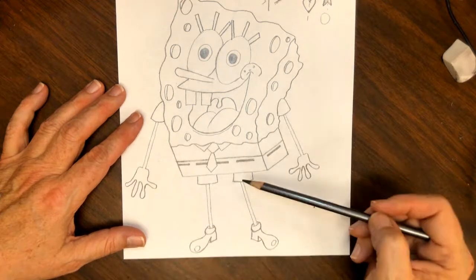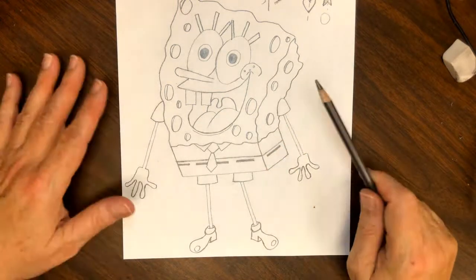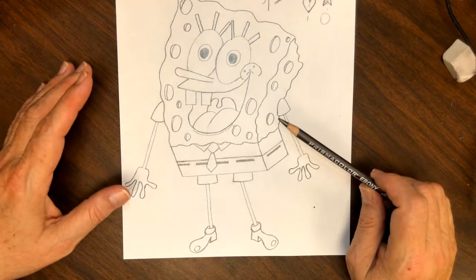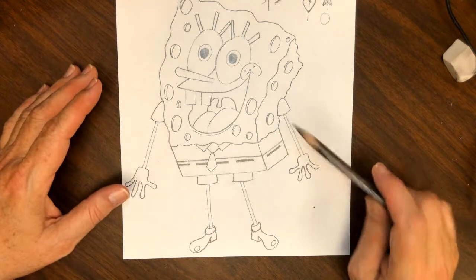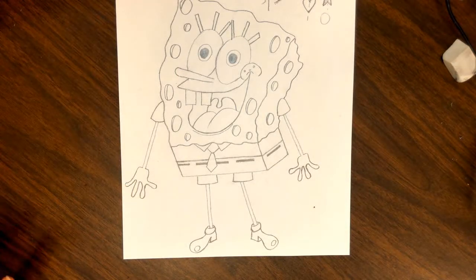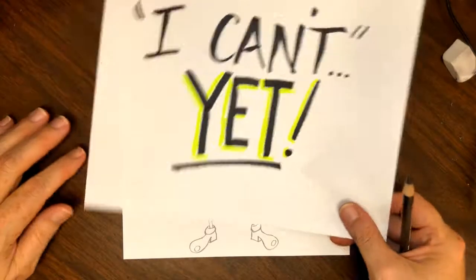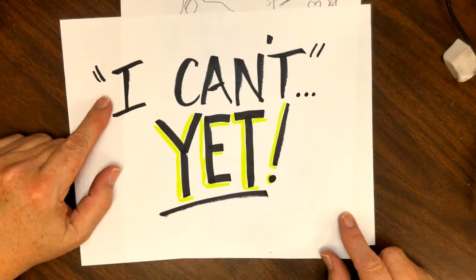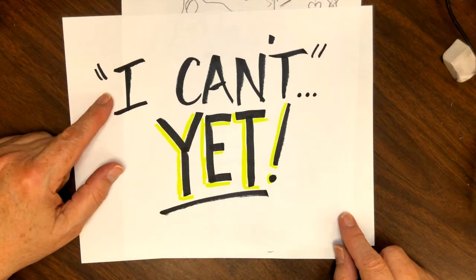Practice. As long as you're having fun with it, keep practicing. Don't give up. And just don't tell yourself you can't. Okay? I've got this new sign that's going up in my classroom. You hear somebody saying, I can't do that.